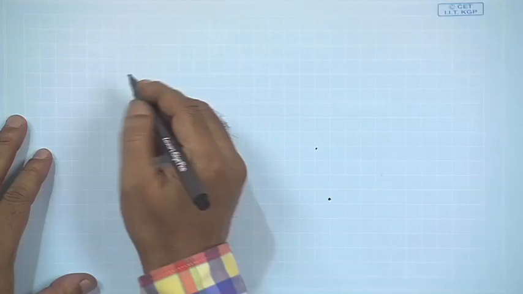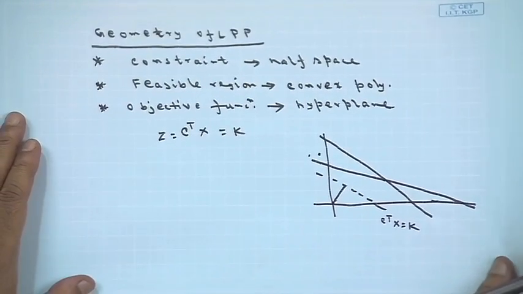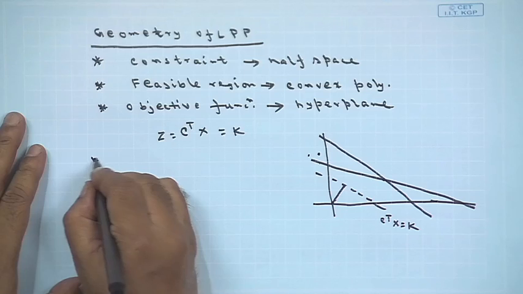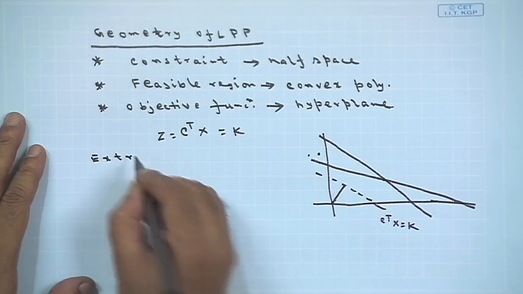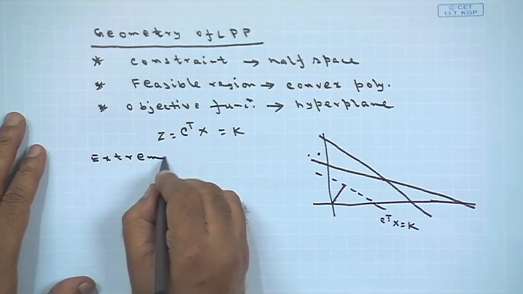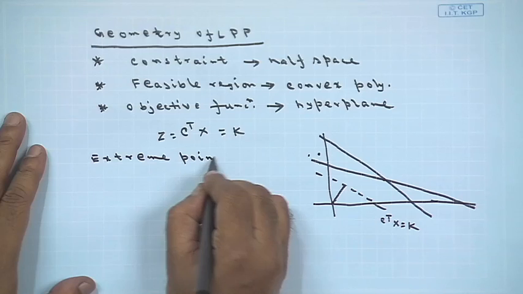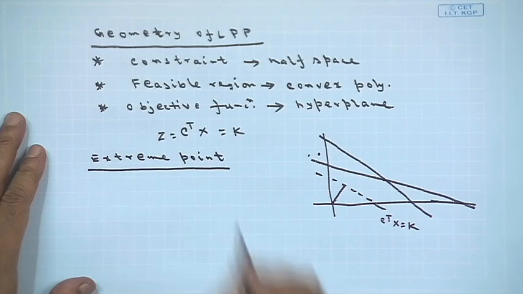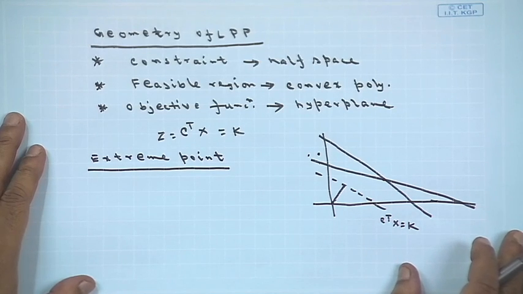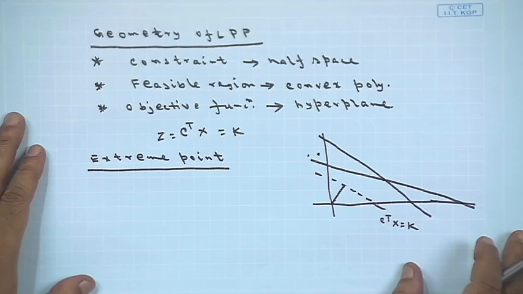Next one, let me explain from here itself. Extreme point already we have discussed. Extreme point is basically nothing but the intersection of the two boundary lines.